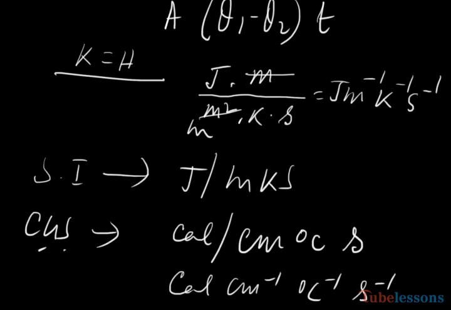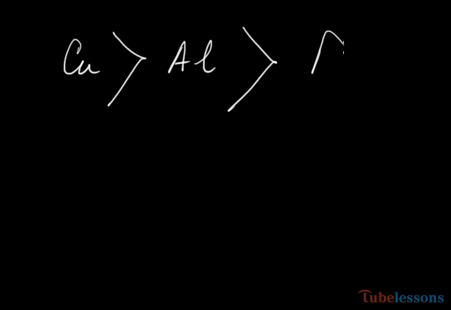Now, thermal conductivity of different substances is different. Keep in mind that the thermal conductivity of metals is different, though they are metals; their capacity of conduction of heat as well as of current is different. For example, the thermal conductivity of copper is greater than aluminium and that is greater than iron.